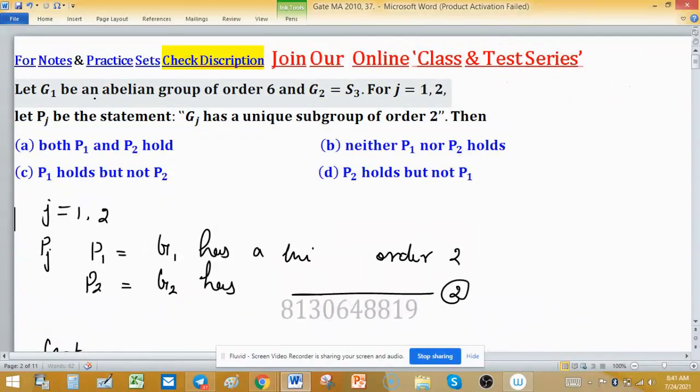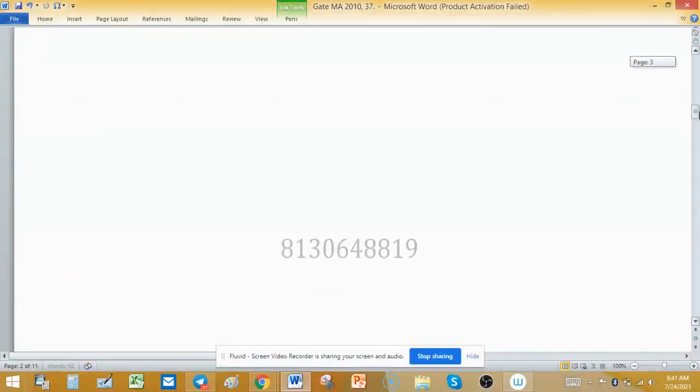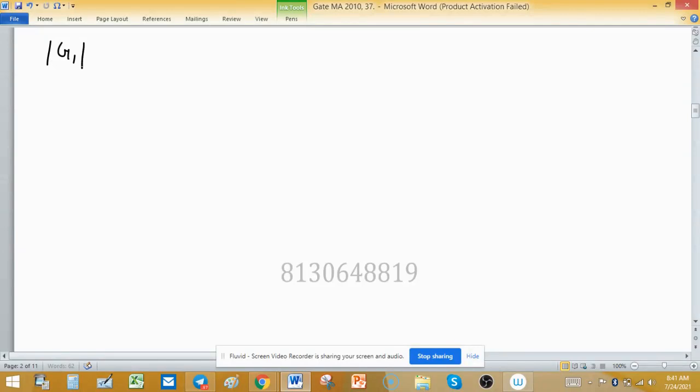Now come to the problem. G1 is an abelian group of order 6 and G2 is S3, the symmetric group of 3 symbols. So use these facts to solve this problem. First, the order of G1 is 6 and we can write 6 as 2 into 3.